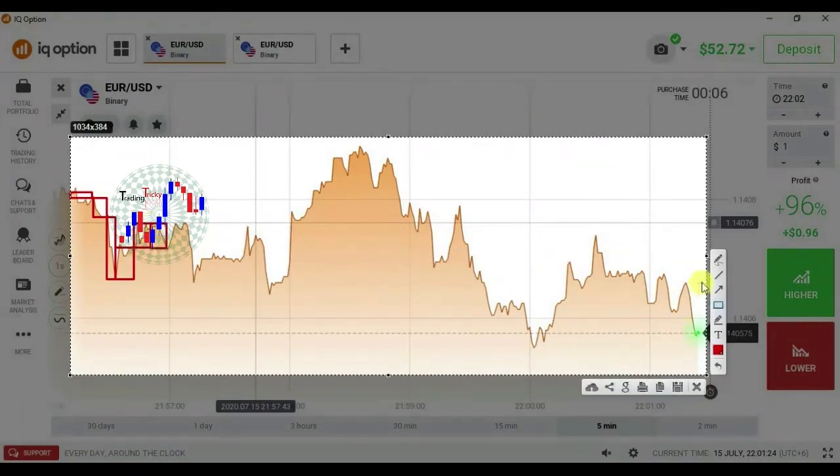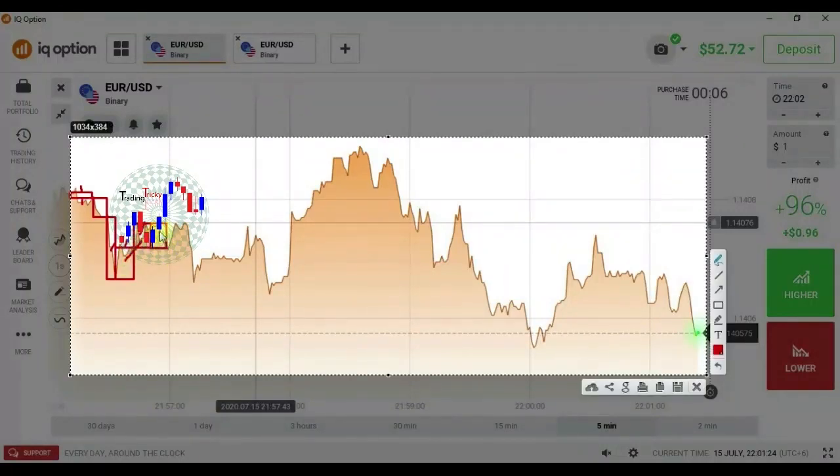So now see, the first candle has upper and lower wicks. This candle has no wicks, and this candle also. This candle has little wicks, and this candle no wicks. These two are bullish candles.